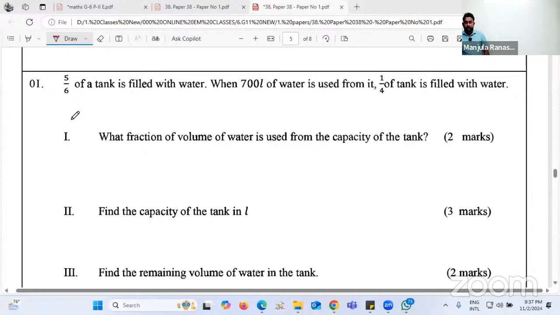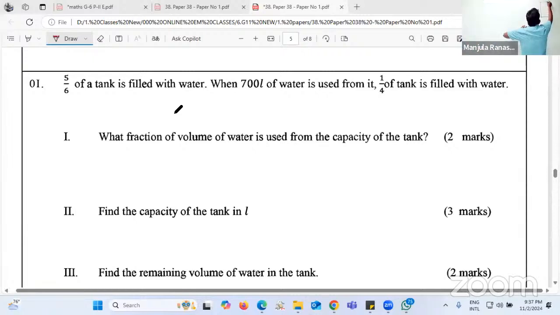Right, now we are moving to question number 1 of part B. See there carefully. Here 5/6 of a tank is filled with water.